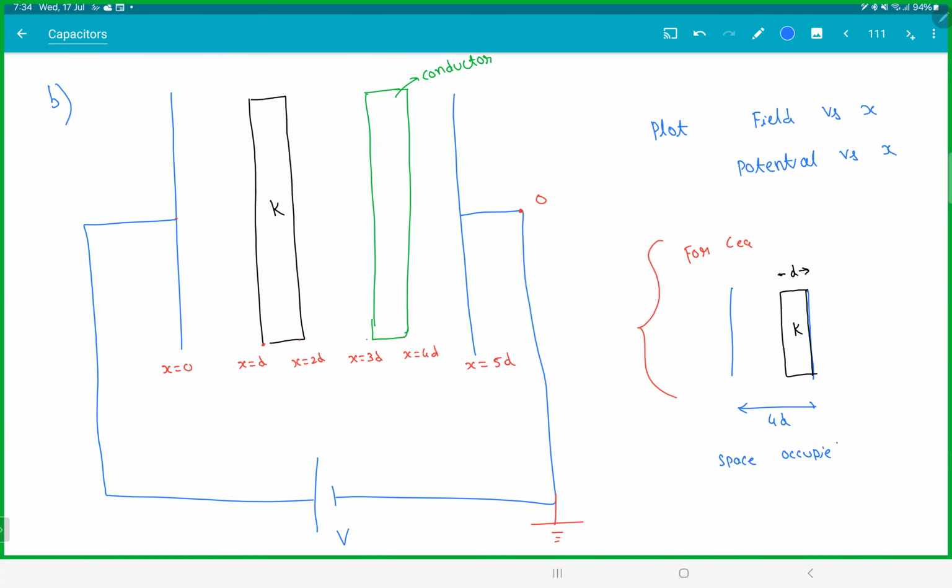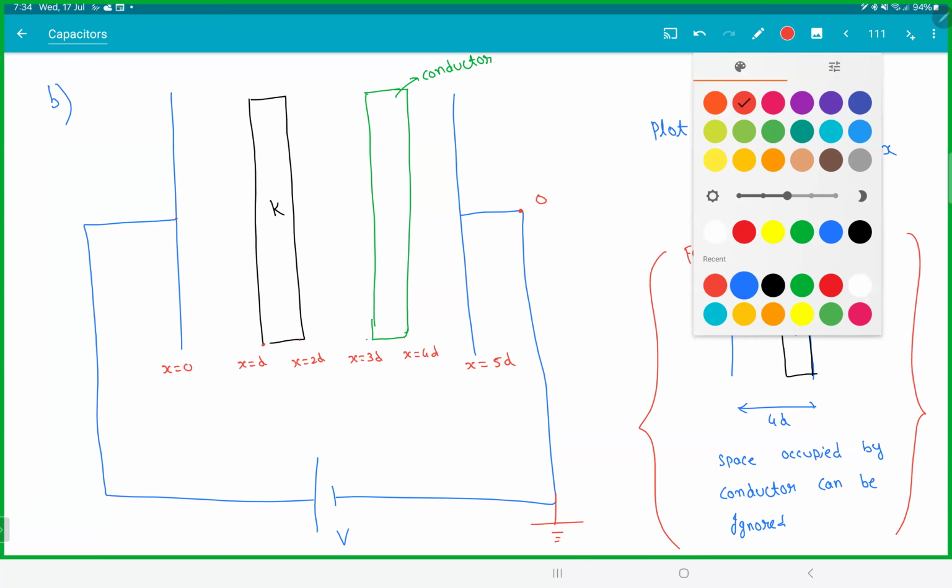Like I said, the meaning of a capacitor is the region where you store field lines. In a conductor, there are no field lines, so that space is useless. So in this question, if they had asked C equivalent, that is what you would have done. But that's not what I'm asking. Plot E versus x and V versus x.